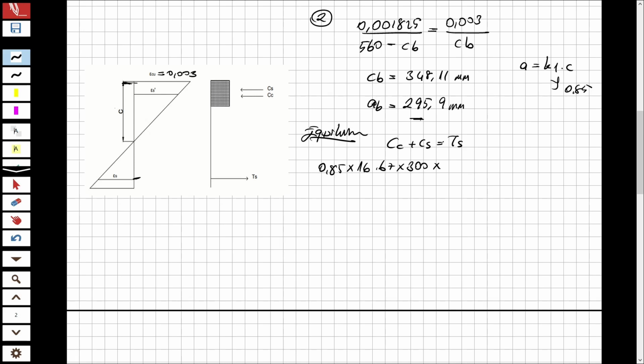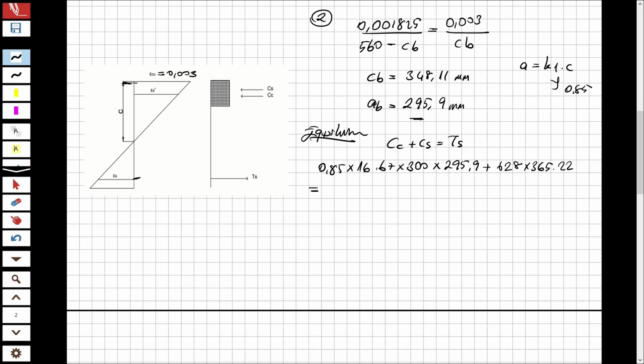This a is a balance, 295.9. Plus CS, the area of the compression steel multiplied with the yield strength of the compression steel.